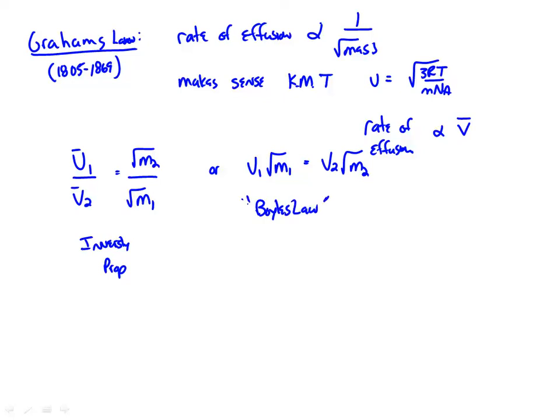And what this really means, and why it's important, and maybe why it's in the book, other than it's a good example of something, is that we can separate mixtures of gases by effusion.